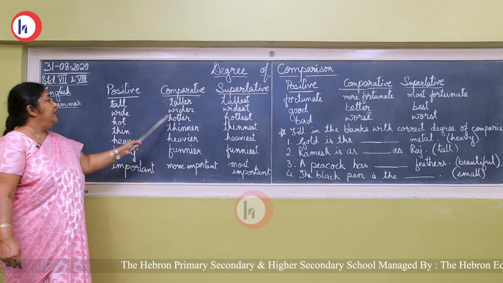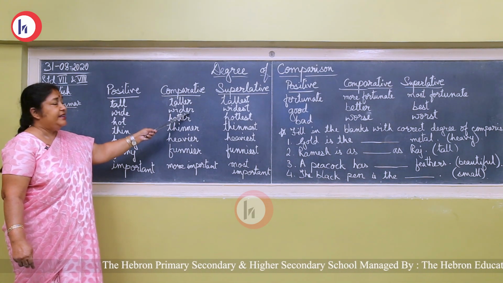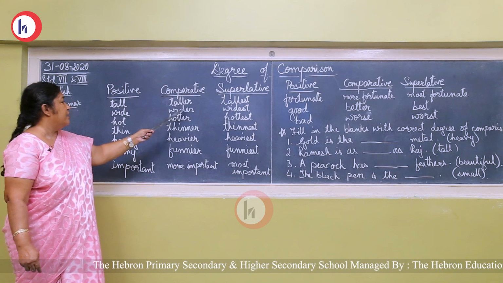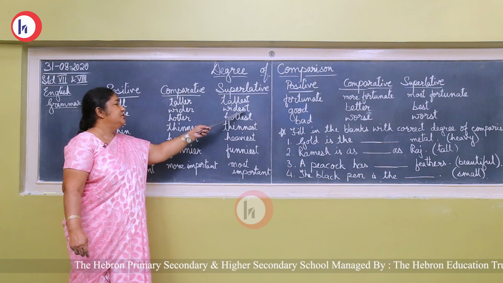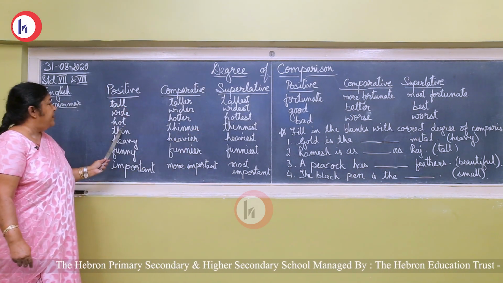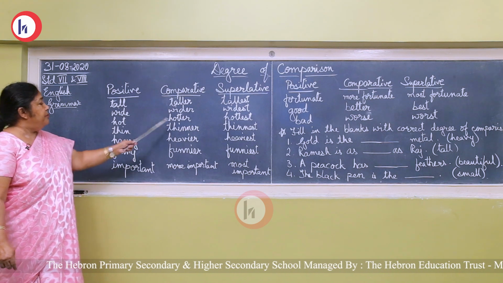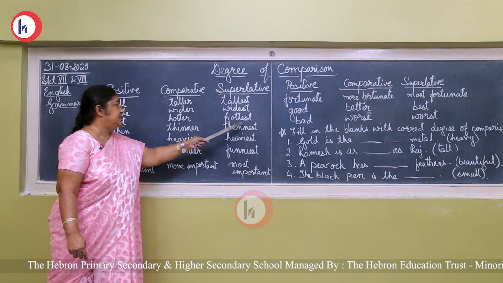Wide, in comparative, this E is already there. So we don't add E again, we just add R. Wide, wider. And E is already here, so we only add ST, widest. Here we have hot. When we make comparative here, hotter and hottest.